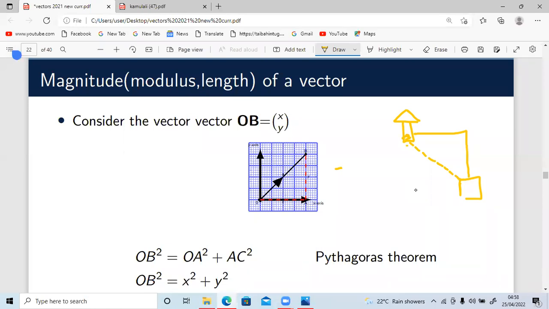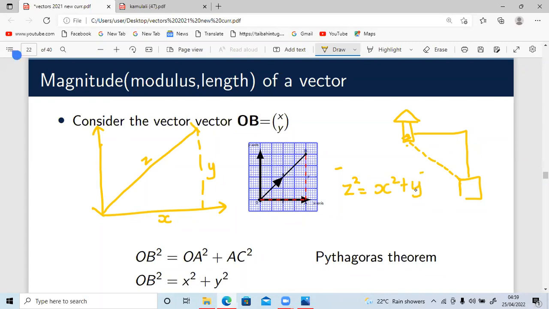In order for us to find the length, our magnitude, you look at what we call the Pythagoras theorem. Along this one is our x component, and this is our y component. In case this is my z, you know from Pythagoras theorem that to get this hypotenuse, I will have z squared equaling x squared plus y squared.